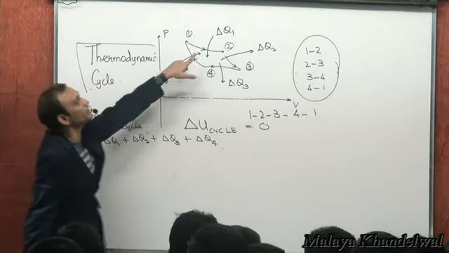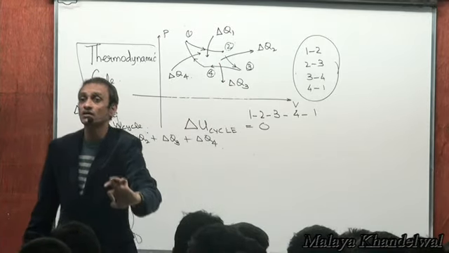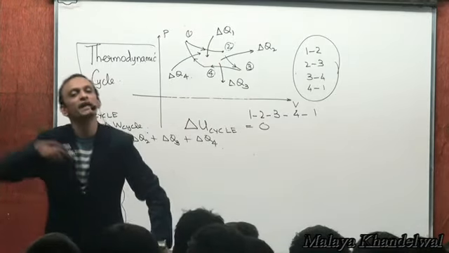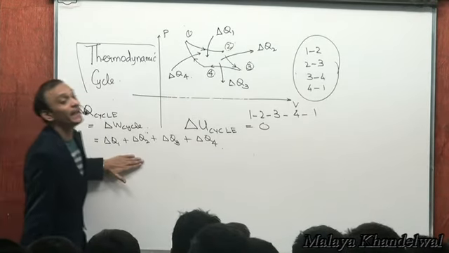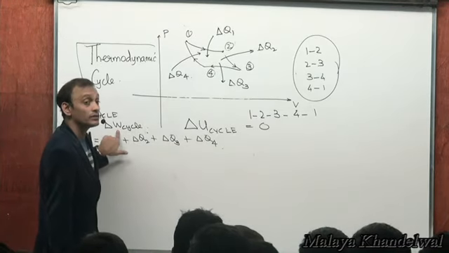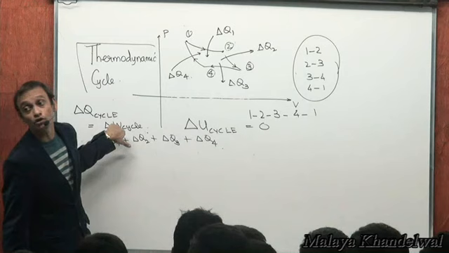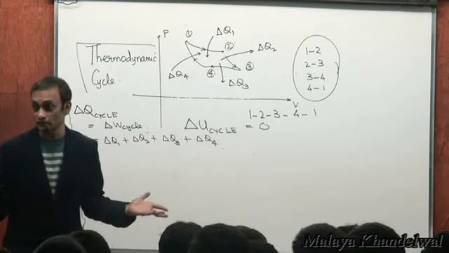If you add all the delta Qs algebraically, keeping the sign convention intact, positive when absorbed, negative when rejected, that's going to give you the net heat assimilated by the cycle, right? And that in turn is going to be the mechanical work output of the cycle.